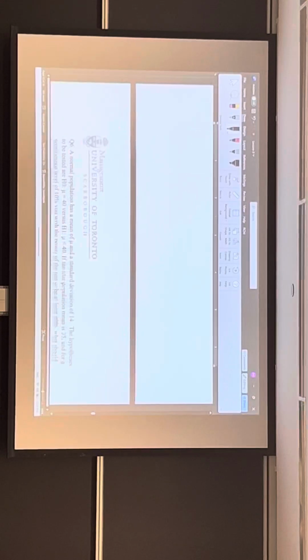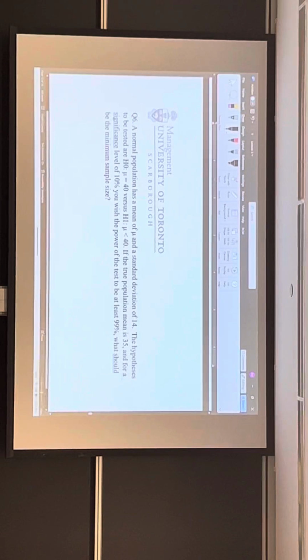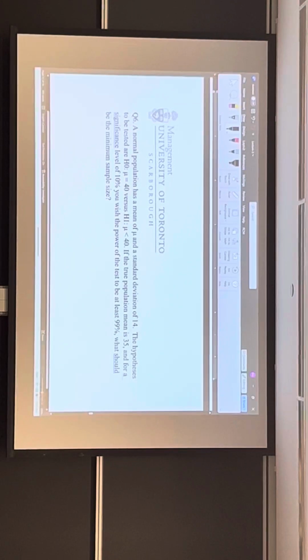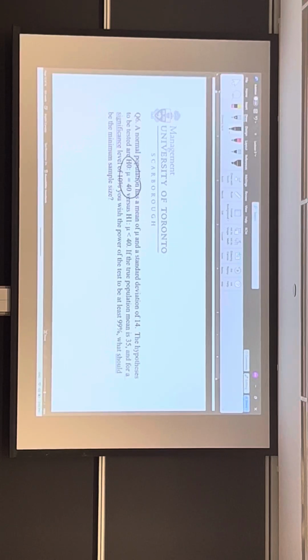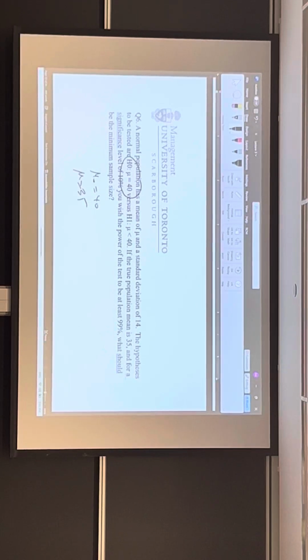Okay, one more. We are doing a test. The null is given. That's a null. The alternative is given. That's 35. Sigma is given. That's 14. Alpha is given. That is 10%. We want the power of the test to be at least 99%.